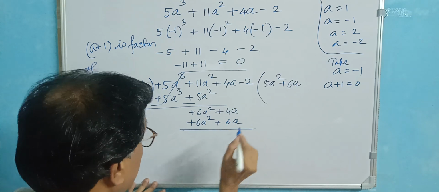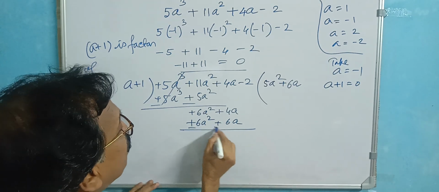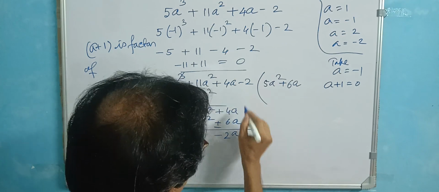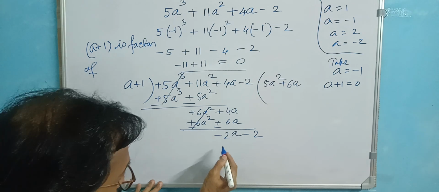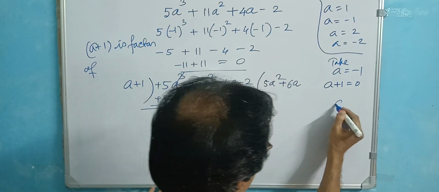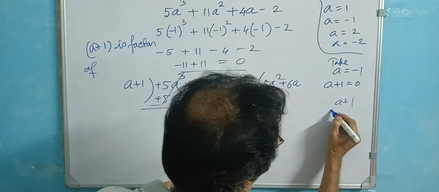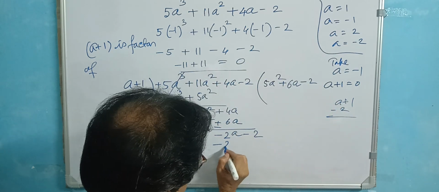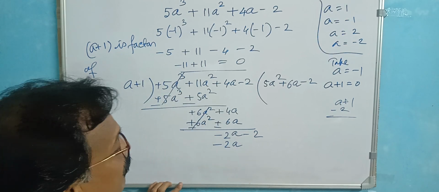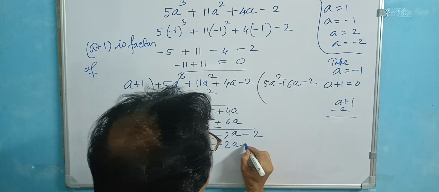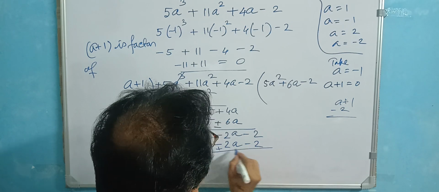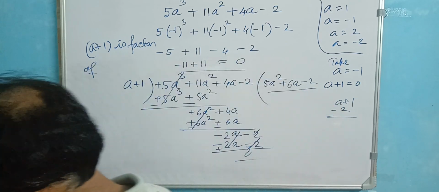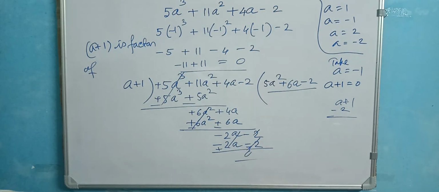Subtract, the first part cuts off, opposite signs, so minus 2a minus 2. Now in a plus 1 you get minus 2. Multiply: minus 2a minus 2. Subtract, this is plus, this is also plus, cut off, so 0. This is the other factor.